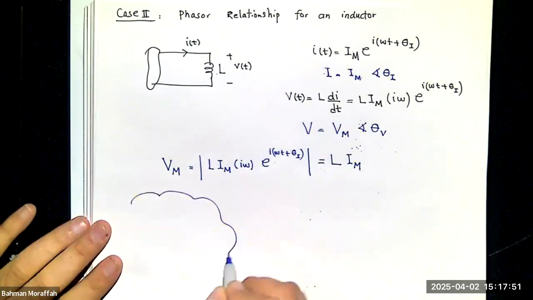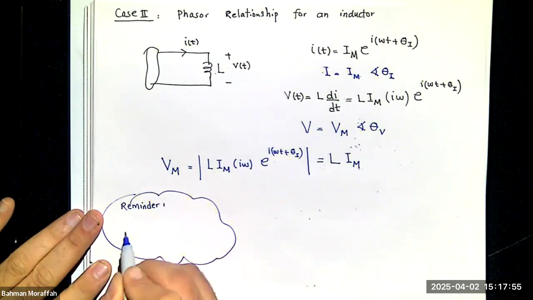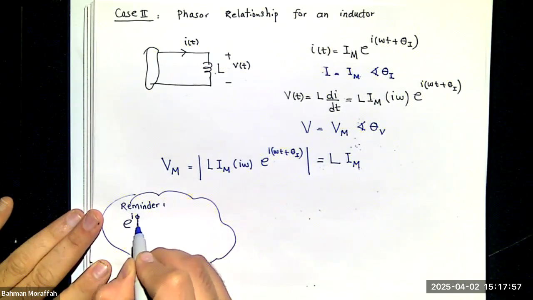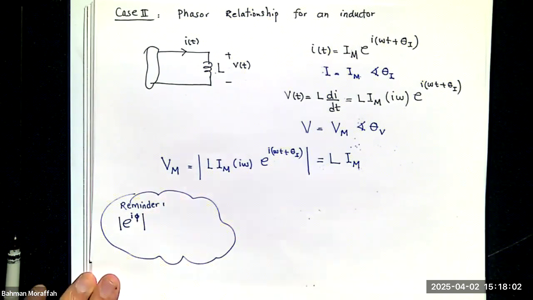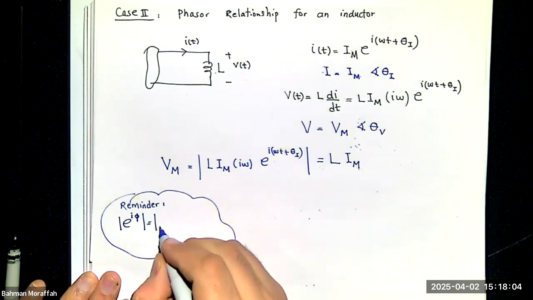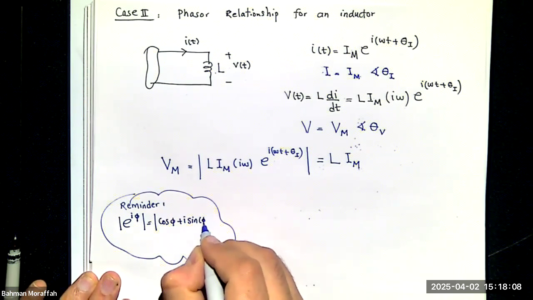Reminder. e^(i phi), if I look at the magnitude of it, that is the magnitude of cosine phi plus i sine phi.